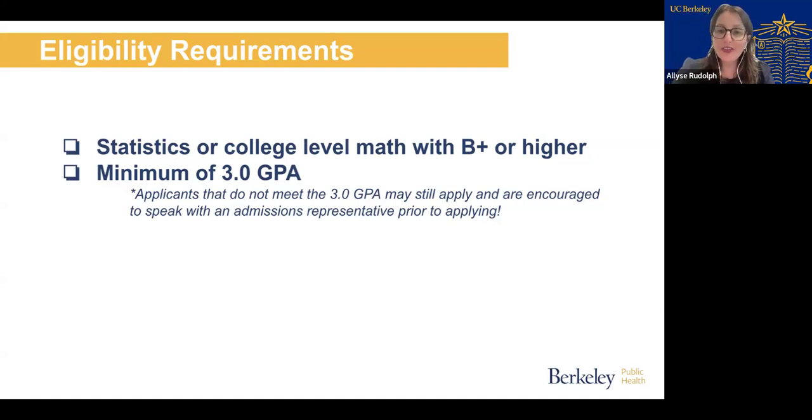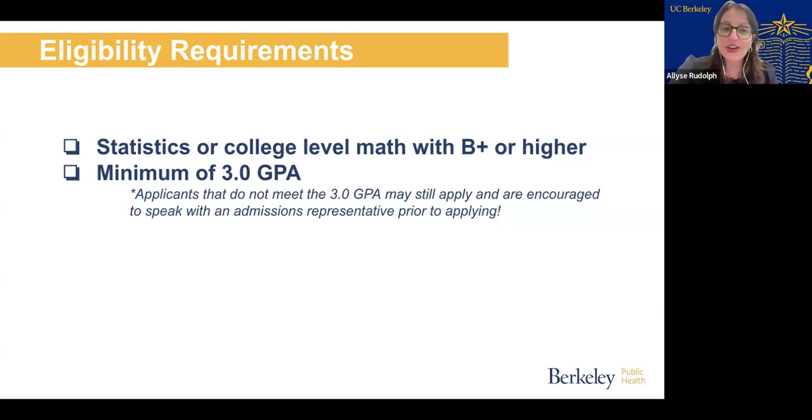The second minimum qualification is a 3.0 GPA, and this is actually set by UC Berkeley campus, not necessarily by us as a program. And we certainly are still open to accepting applicants who do not have a 3.0 GPA. So applicants who do not meet that 3.0 GPA certainly should still feel free to apply, and then connect with Stephanie and I on how to make your application competitive, and again, show that you are academically prepared for a rigorous graduate level program, even if you haven't met that 3.0 GPA.